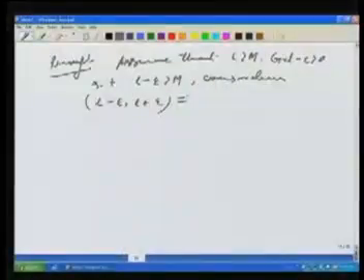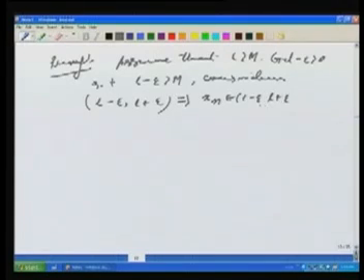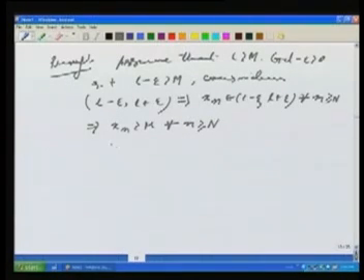By the definition of convergence, this implies that xn belongs to L minus epsilon, L plus epsilon for all n bigger than or equal to some capital N. But this implies xn is bigger than m for all n bigger than or equal to N, which is a contradiction. Correct? Because all the xn's are supposed to be less than or equal to m.